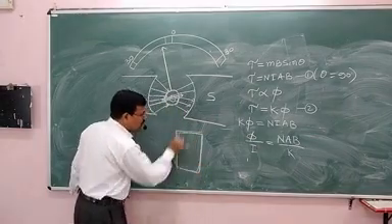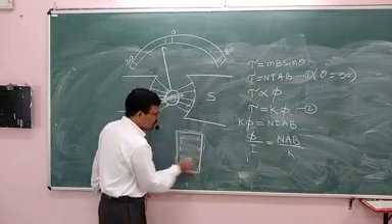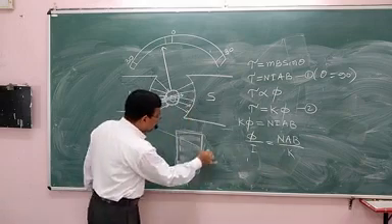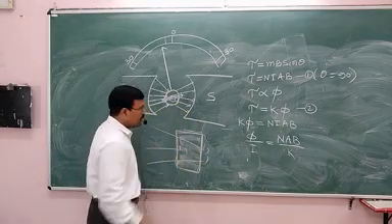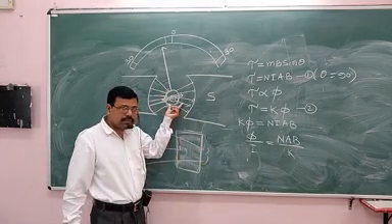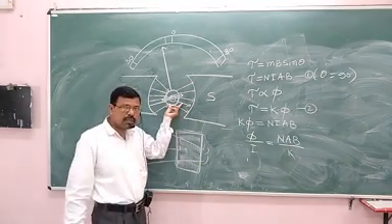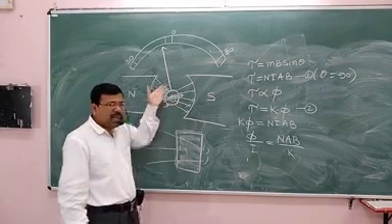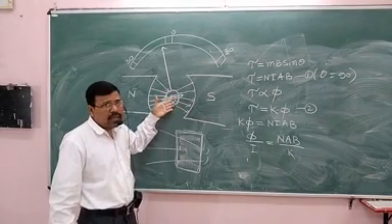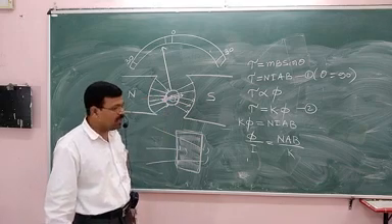So this current sensitivity depends on the number of turns N in the rectangular coil, A the area of the coil, and B the radial magnetic field strength. The magnetic field is concentrated here to increase the sensitivity of the galvanometer, and the radial magnetic field is chosen so that the plane of the coil is always parallel to the magnetic field.